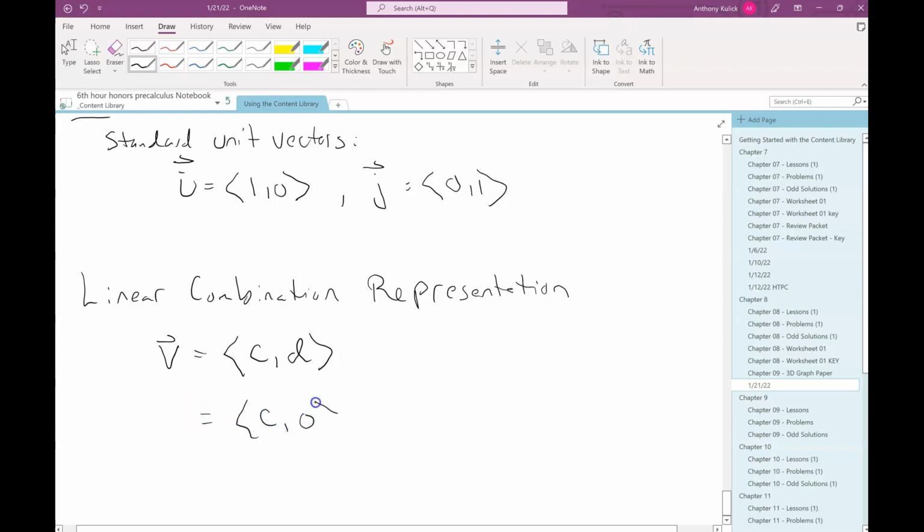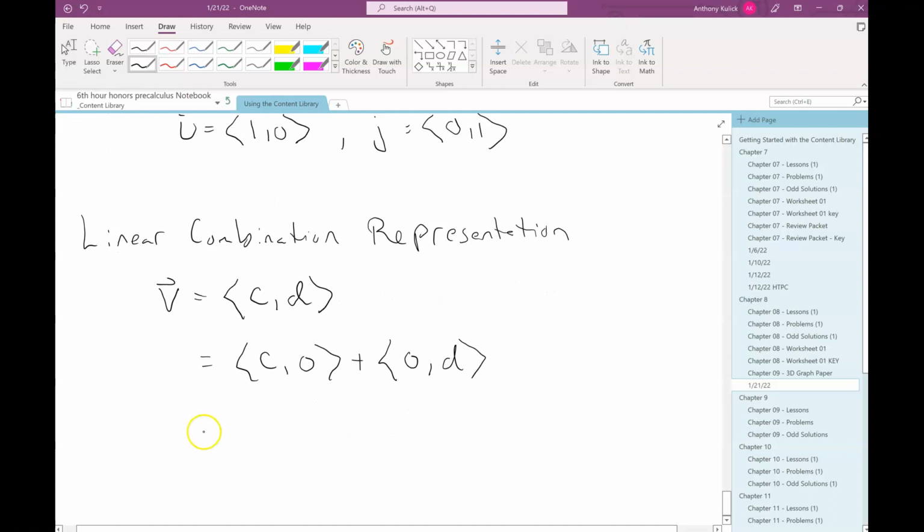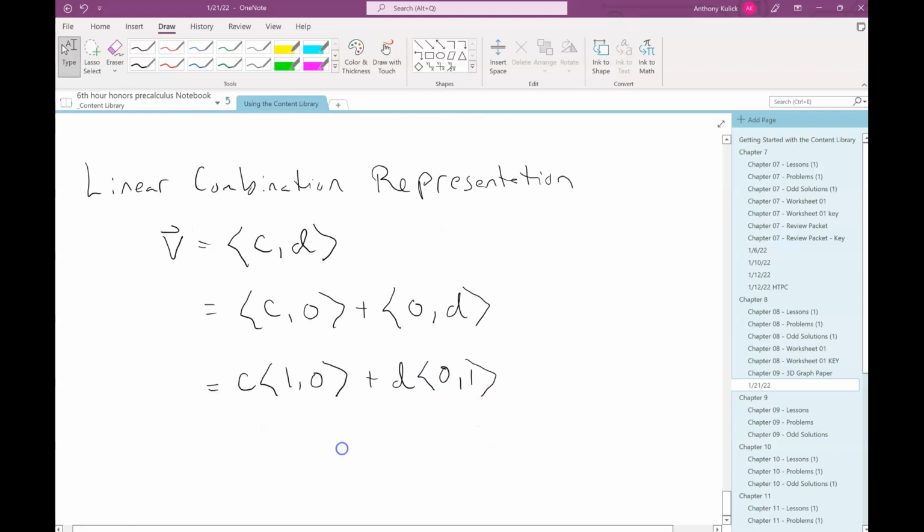So c, d I can think of as c, 0 plus 0, d. Everybody feel okay with that? And c, 0 could just be c times 1, 0. And 0, d could be d times 0, 1. And 1, 0 is just i. And 0, 1 is j.